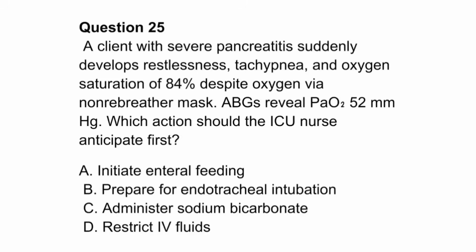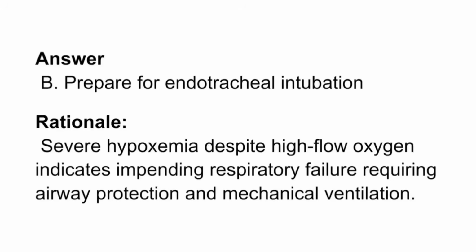B. Prepare for endotracheal intubation. C. Administer sodium bicarbonate. D. Restrict IV fluids. Answer: B. Prepare for endotracheal intubation. Rationale: severe hypoxemia despite high-flow oxygen indicates impending respiratory failure requiring airway protection and mechanical ventilation.